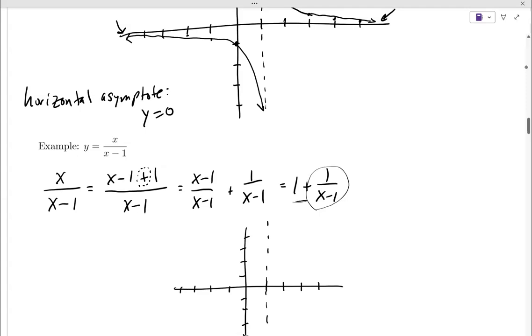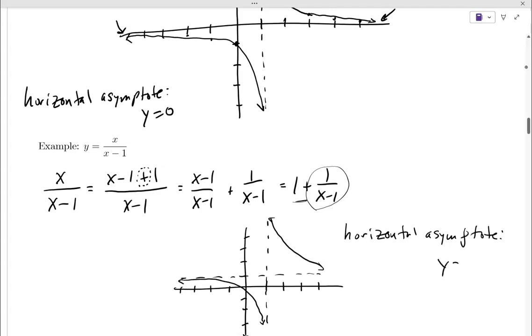It shifts everything up 1, right? So we're going to have a horizontal asymptote here at y equals 1, and you're going to have a similar looking graph. It's going to go this way and this way. So this one's going to have a horizontal asymptote of y equals 1.